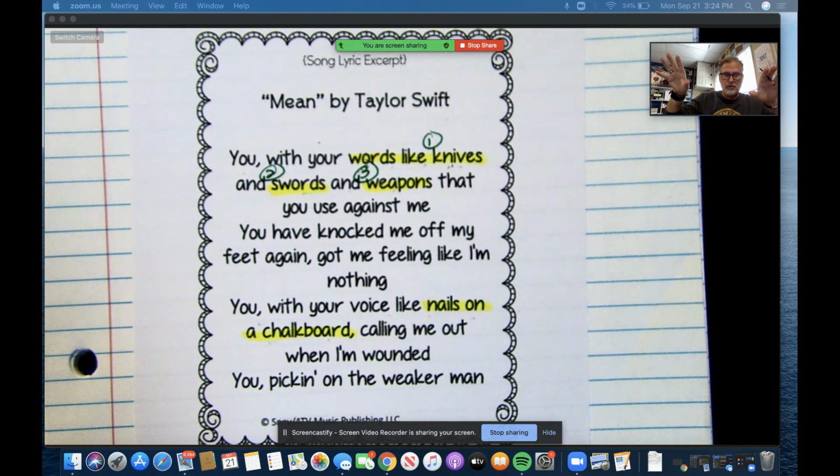Now, we don't have chalkboards anymore in classrooms, but back in the day when we had them, it's just a weird sensation and weird sound, and it kind of makes your skin crawl. I don't know why, but it just does. It's a very good word picture that you can put into your mind about how it makes her feel.